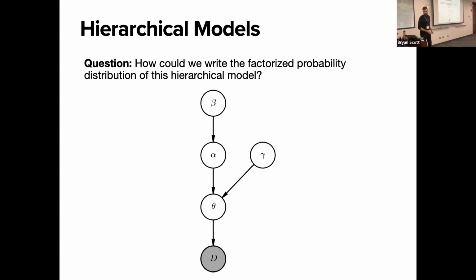Cool. So we're going to start right off the bat. We're not going to break out, but maybe just work individually for this one. We're going to do something collaborative in a minute. Think about how you write down the factorized probability distribution for this hierarchical model. So remember that one thing you might want to start with is by writing the joint.